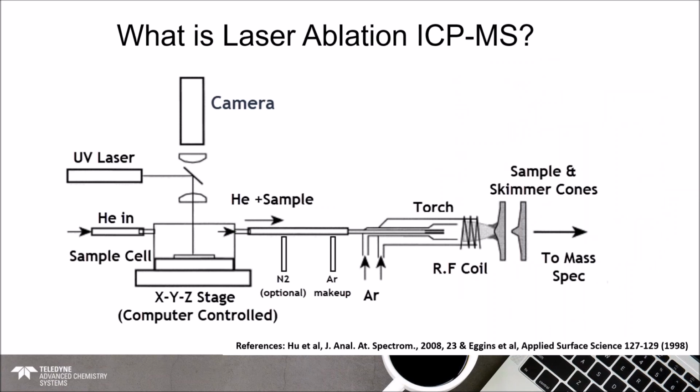So what does laser ablation look like? Well, this is obviously extremely simplified, but my goal here is to show you on the left side of the screen, where it's labeled UV laser, is our laser source or our light engine. It's where the beam originates.